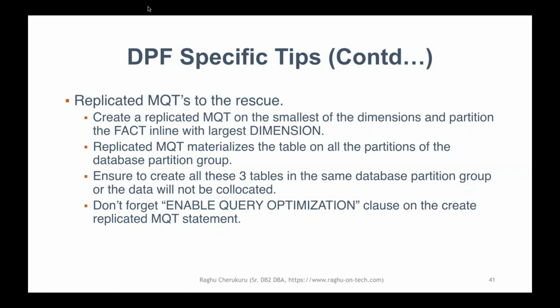Usually your fact tables are large, and you don't want to create a replicated MQT on them because you're going to waste a lot of space. Make sure all these tables are on the same database partition group, or the data won't be collocated. And don't forget the enable query optimization clause of the replicated MQT create statement.